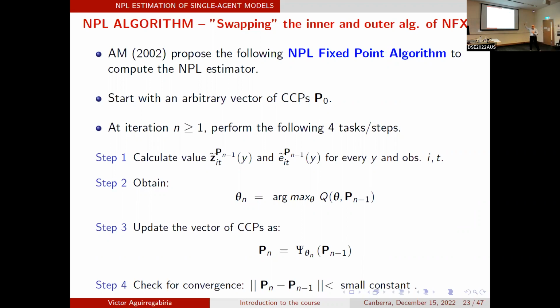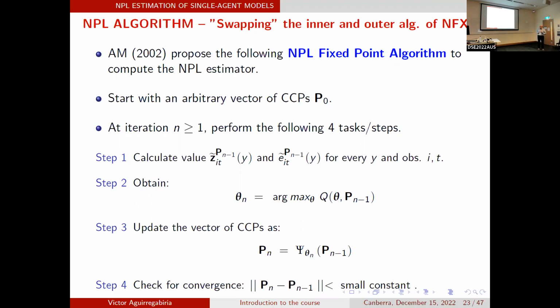But we should not care. We can initialize this algorithm with any arbitrary initial values of choice probabilities. Then at any iteration n, we perform the following steps.